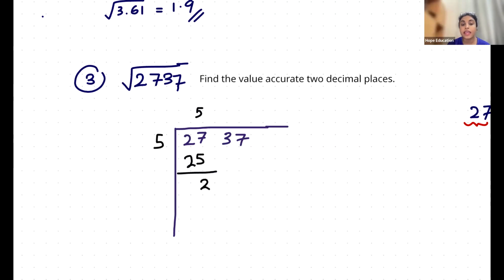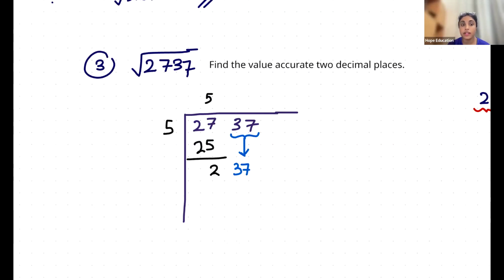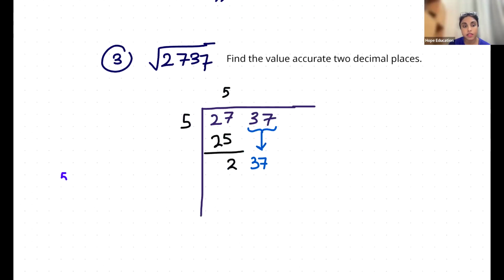Then I take my next pair, which is 37, and move it down here. So now I have 237. Now the steps are the same as we have already learned. I take the number here, which is only 5, and I take the double of 5, which is 10.